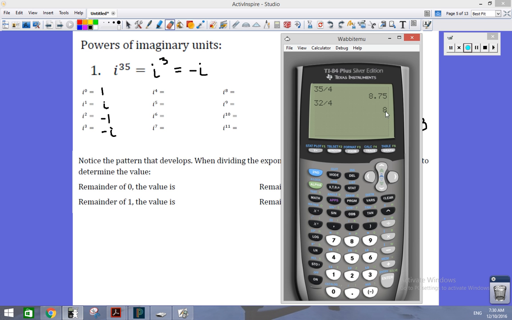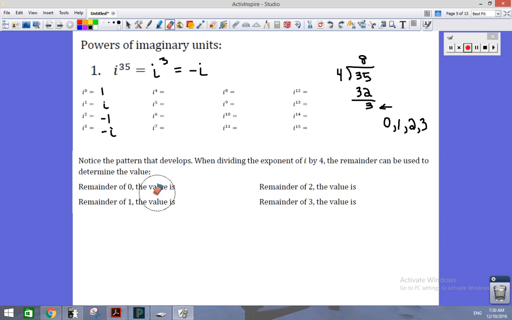So on the calculator, when I see a remainder of 0, something like 32 divided by 4, say I have my calculator fixed on a certain decimal, you can see that the number following the decimal point is going to be 0.